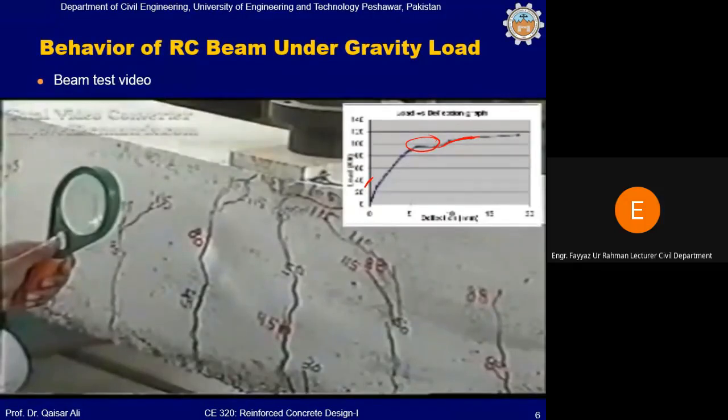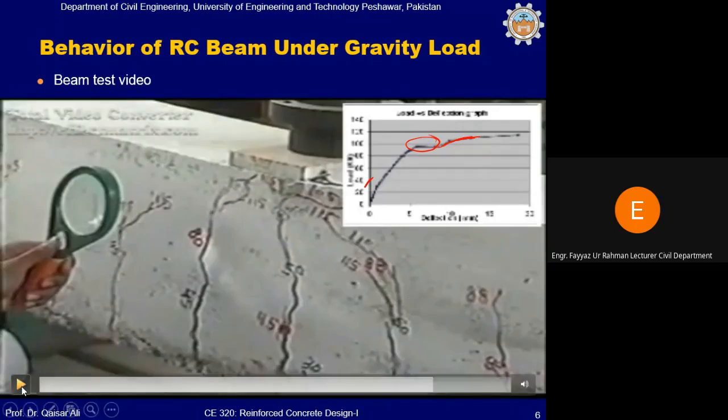Even after yielding of tensile reinforcement, the beam is taking load. Okay, so it means that the cracking of concrete and yielding of tensile reinforcement in a reinforced concrete beam doesn't indicate the failure of the beam. Clear?